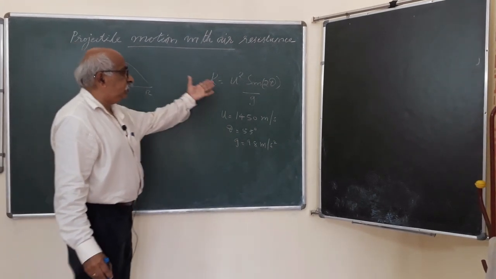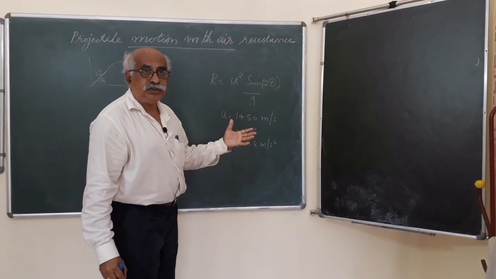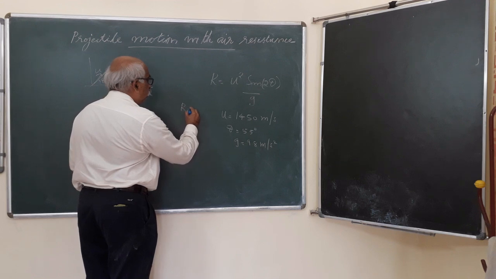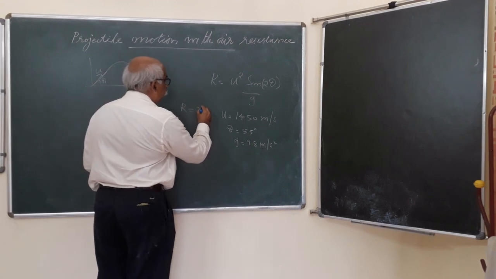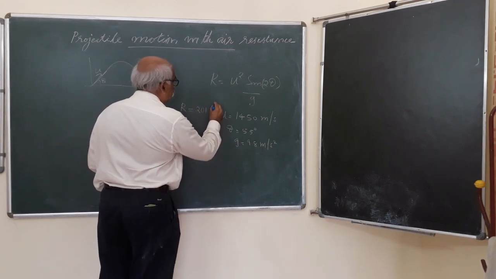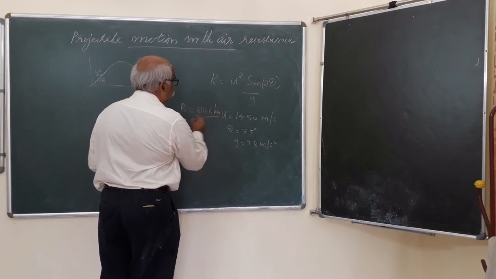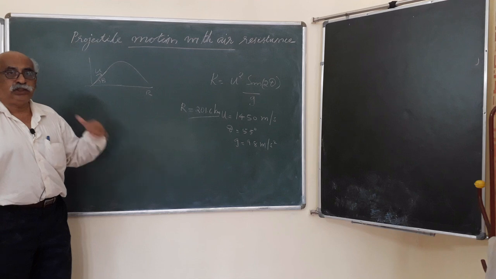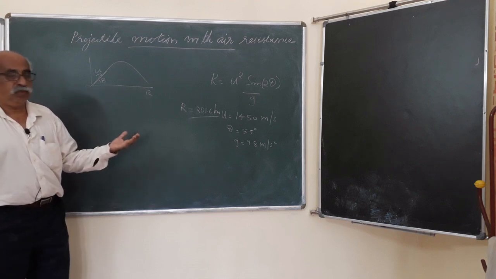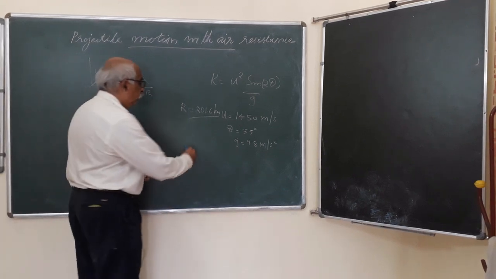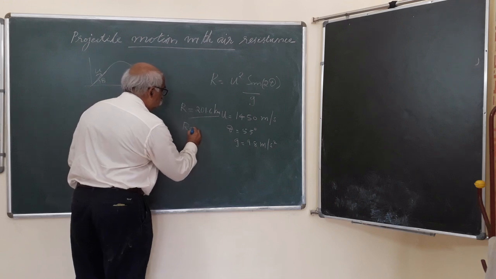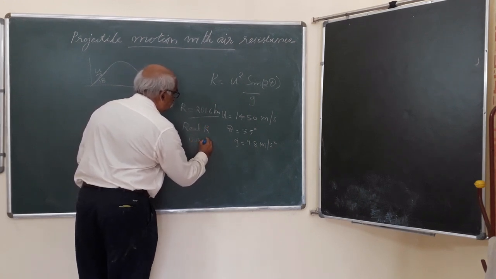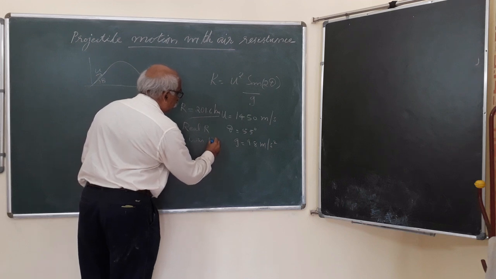Substituting these values here, and when the calculation is carried out, we get the range as equal to 201.6 kilometers. But when the actual experiment was done, it was found that the real R was only 120 kilometers.